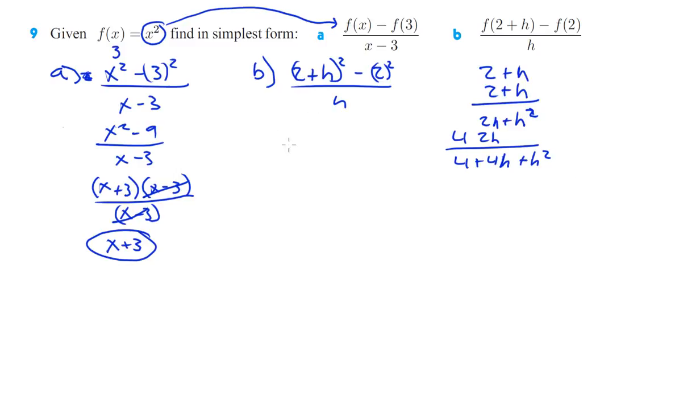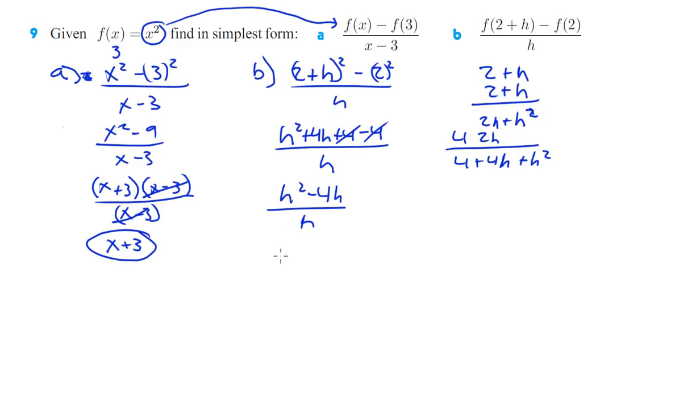I'm just going to rewrite that as h squared plus 4h plus 4, and then we've got minus 4 here all over h. Okay, so the 4 and the negative 4 reduce down to 0 there. So we have h squared minus 4h all over h. If you think about this up here, you can factor an h out of both of those.